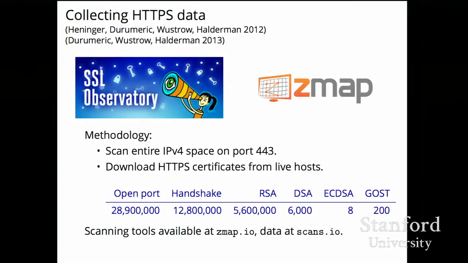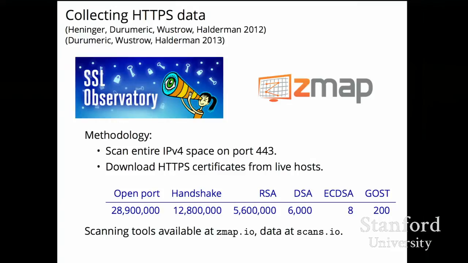So here's a snapshot of what the internet looked like a few years ago. If you basically nmap the internet, you see that about 30 million hosts will have port 443 open, and about 13 million of them will actually successfully complete an HTTPS handshake with you.